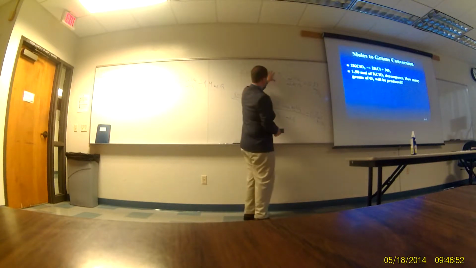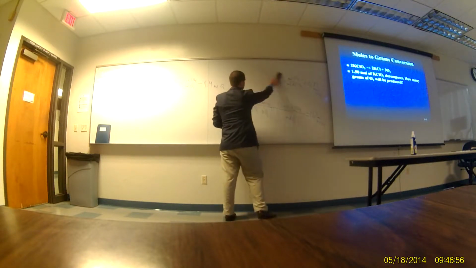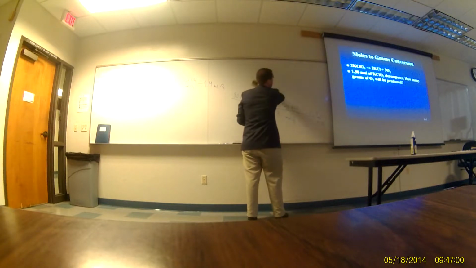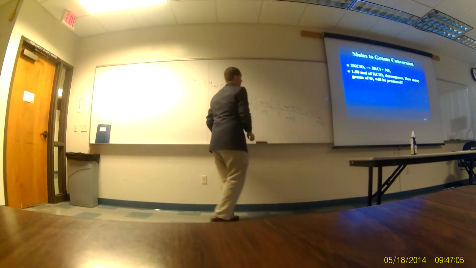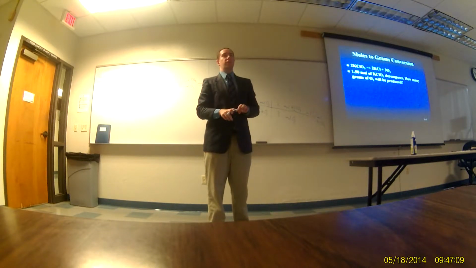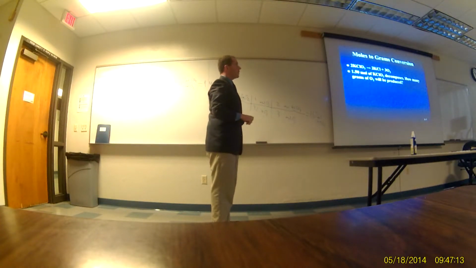This time we're going to do moles to moles and then moles to grams. The question says we're starting with 1.5 moles of KClO3. How many grams of oxygen will you make? So what number are you going to start with in the top left corner? 1.50 moles of KClO3.